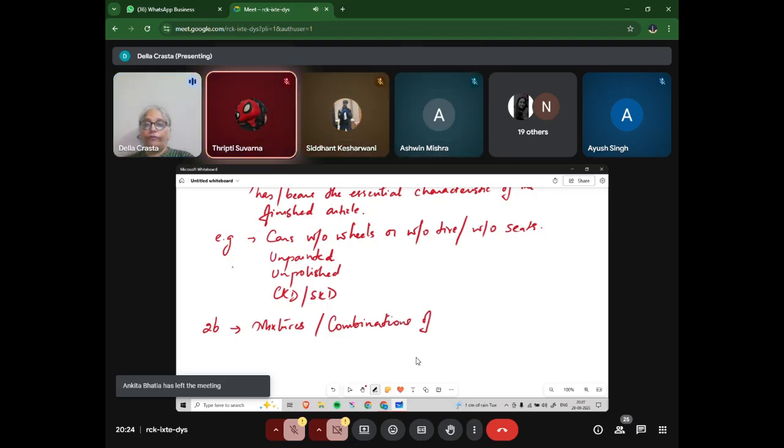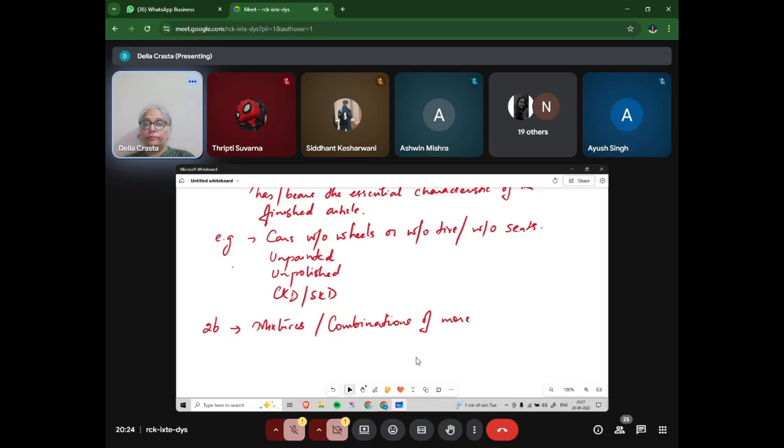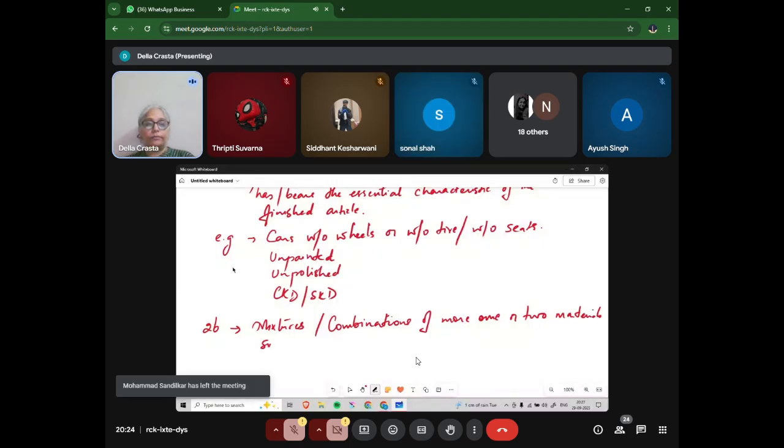Combination of the material, of more than one or two materials or substances.